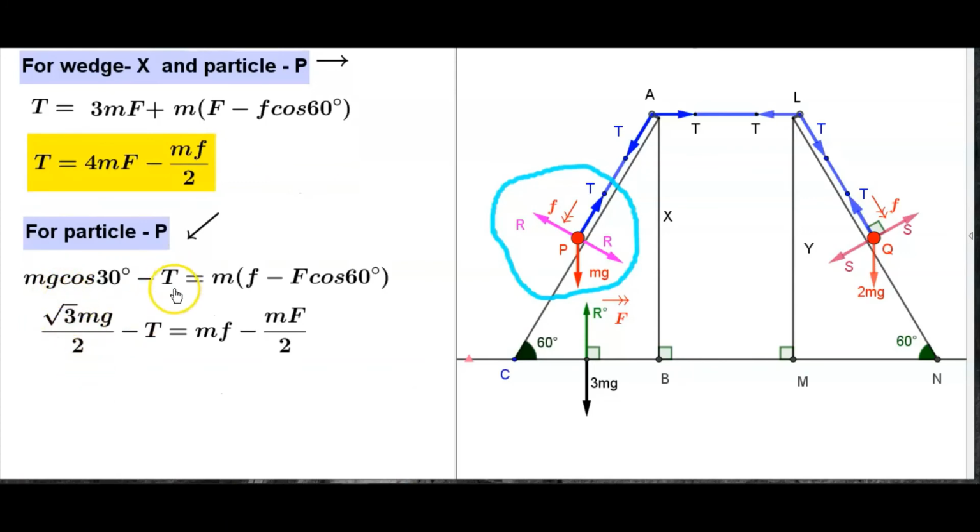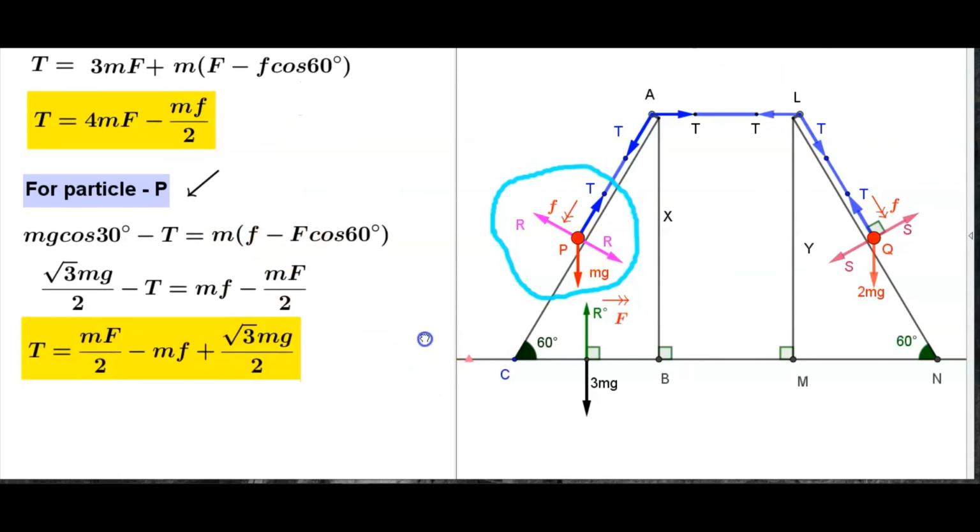So root 3 mg by 2 minus T equals mf minus mF by 2. Therefore T equals mF by 2 minus mf plus root 3 mg by 2.